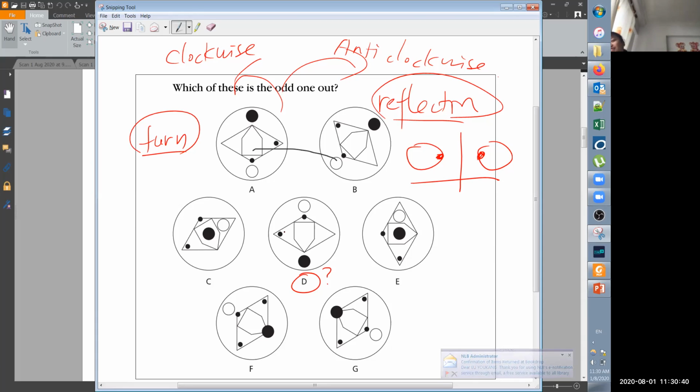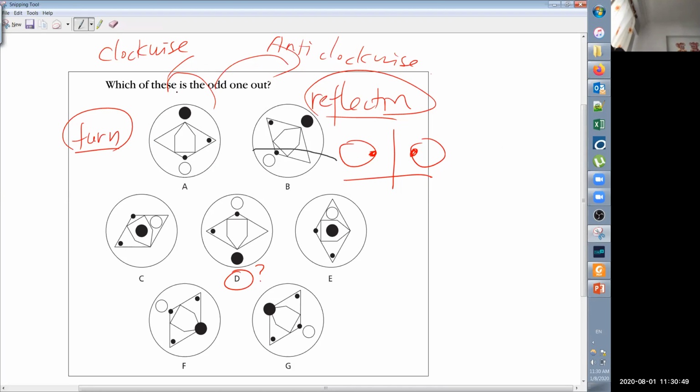Okay, let's define turn. Your turn is either clockwise or anti-clockwise.